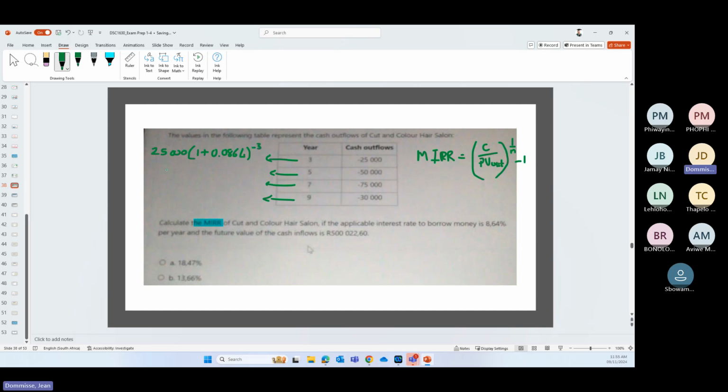So the next one, it will be 50. It will be that same, minus 5. Then 75 will be the same, minus 7. Then 30, all of those the same, minus 9. And then we get a total present value of the out.